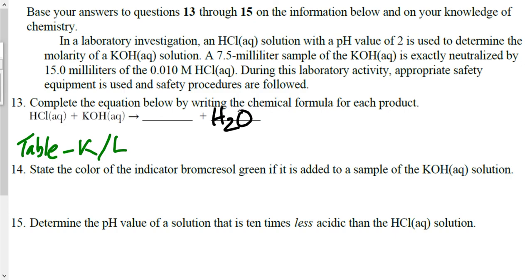How do we produce H2O? By removing all the protons from the acid, which is HCl, and by removing all the hydroxides from the base, which is OH. So we are left with K and Cl.